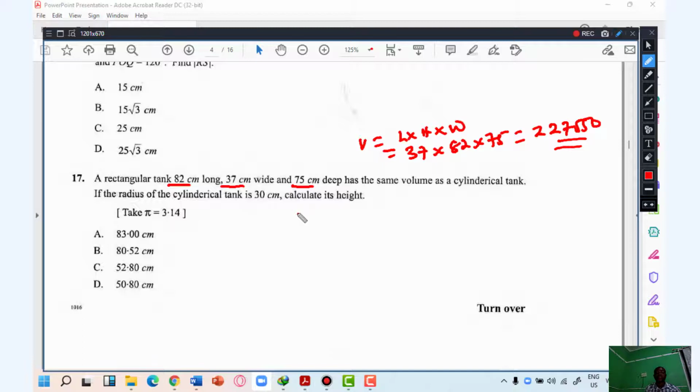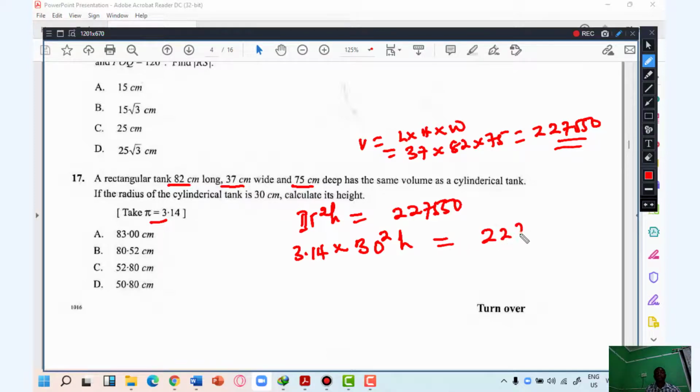Good. You see that if the radius of the cylindrical tank is 30 centimeters, calculate the height. So volume of a cylinder is pi r square h. So it should be equated to 227,550. So our pi has been given, which is 3.14. Our radius is 30 centimeters to the square h.